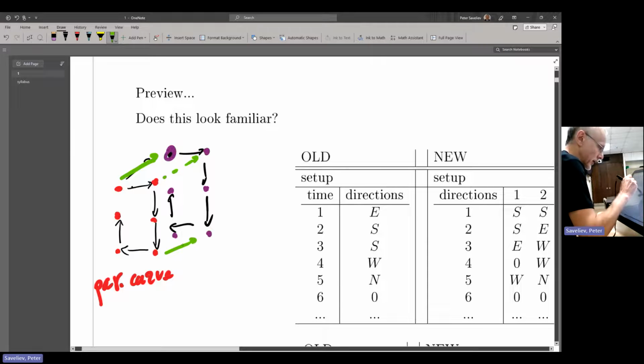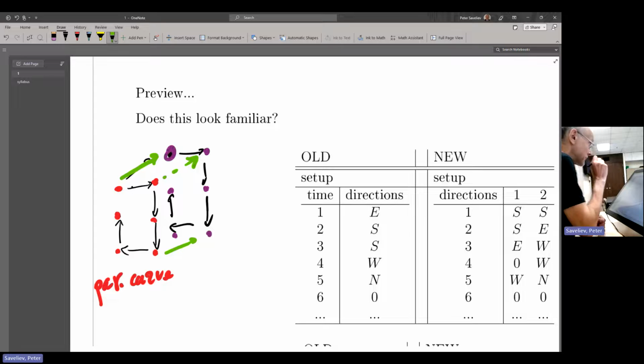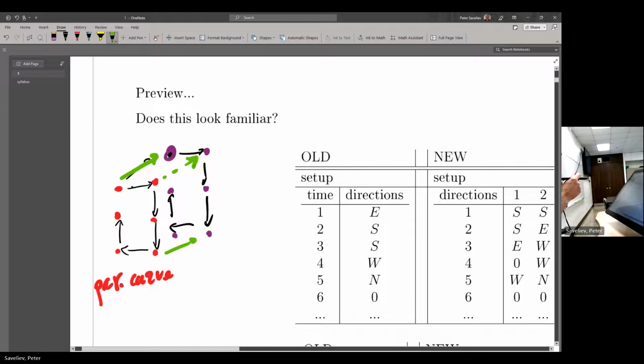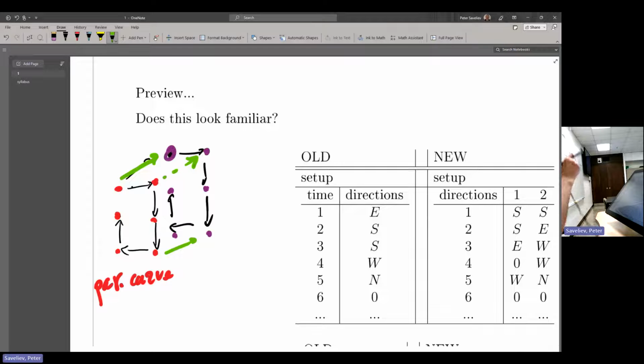Okay, and once again, remember in calculus, what letter should I assign to this green arrow? What letter should I label it with? Okay, I'll give you the answer and you tell me why.